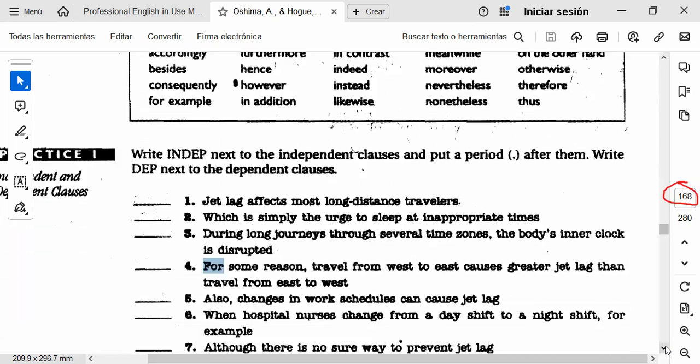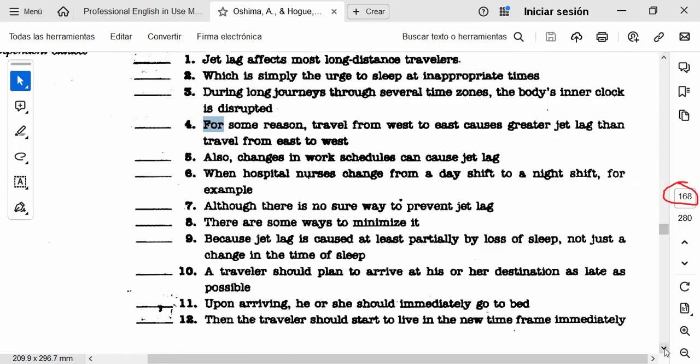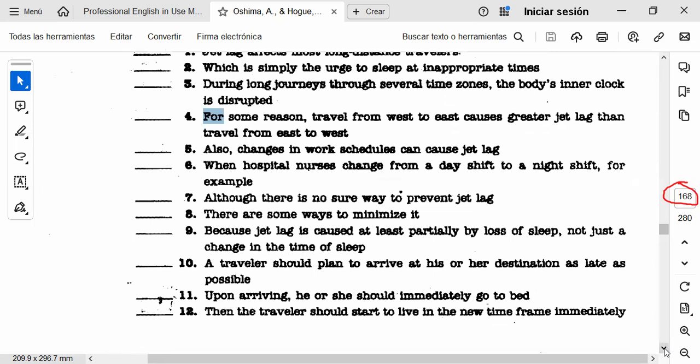And when hospital nurses change from a day shift to a night shift, for example, independent. Dependent. Although there is no sure way to prevent jet lag, dependent. There are some ways to minimize it.